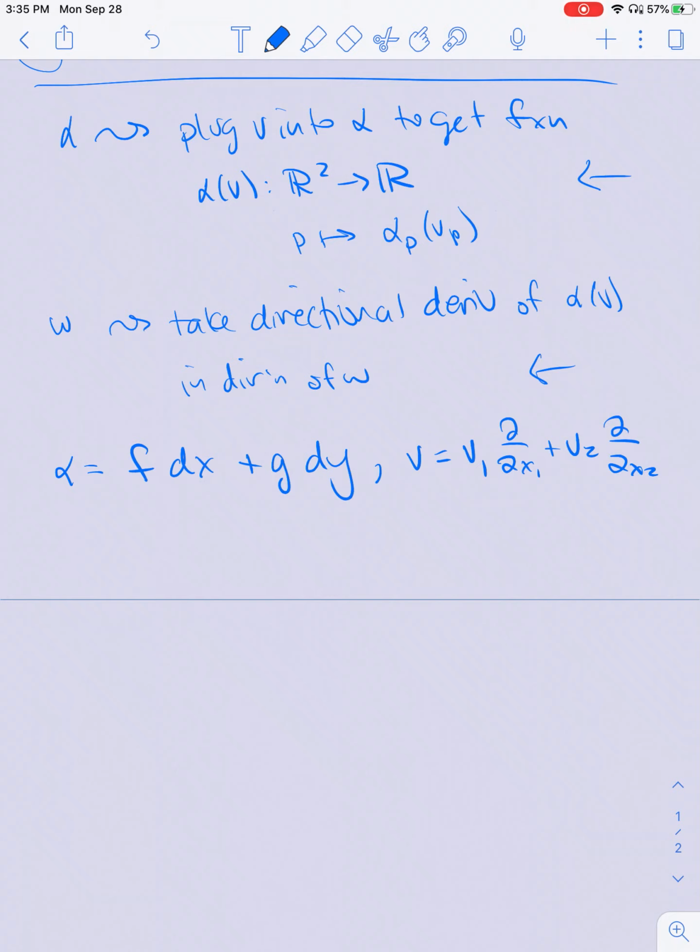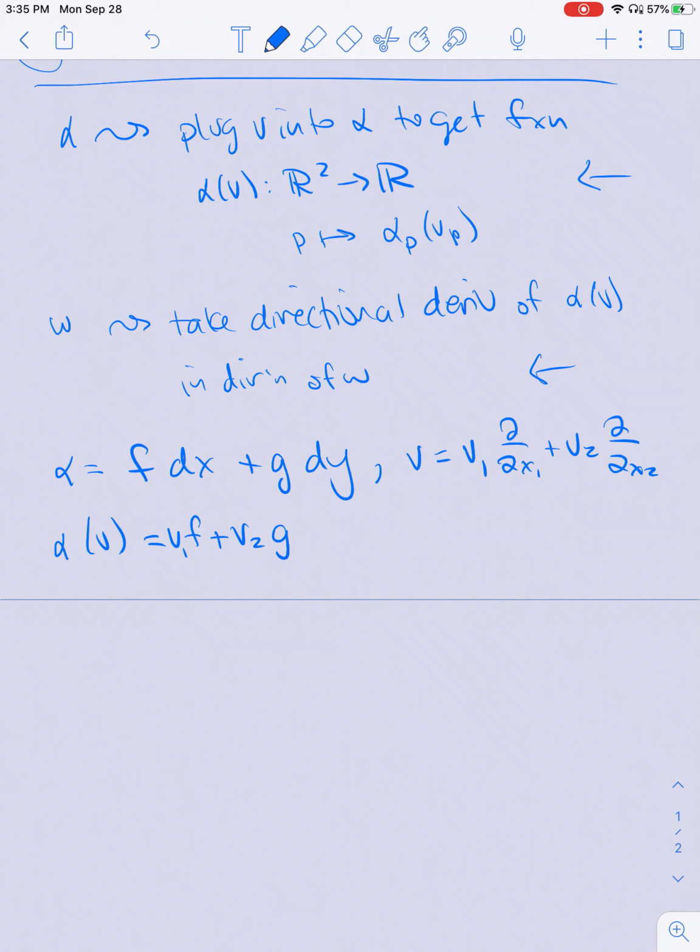That's very important. So then alpha of V is the function where the dx eats V and spits out v1 times f, plus, the dy eats V and spits out v2, so I get plus v2 times g.